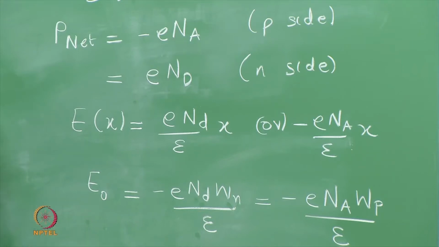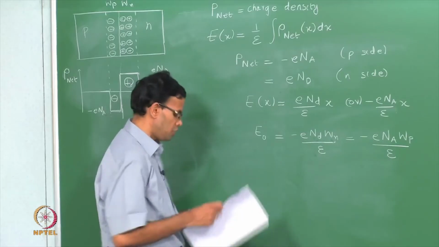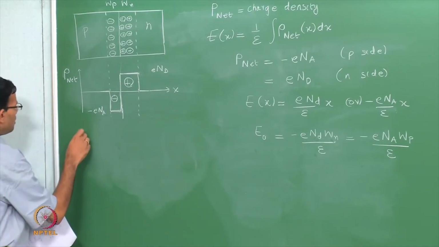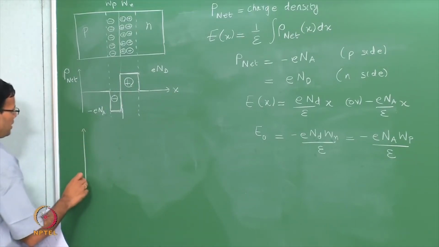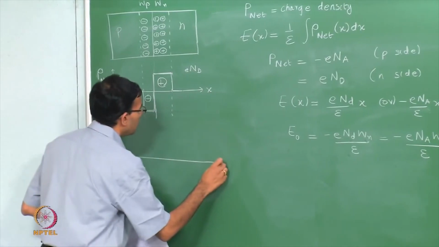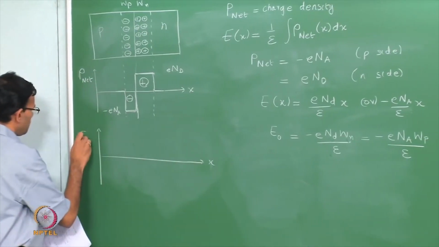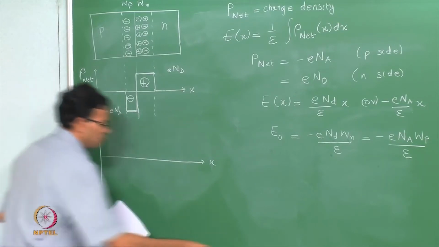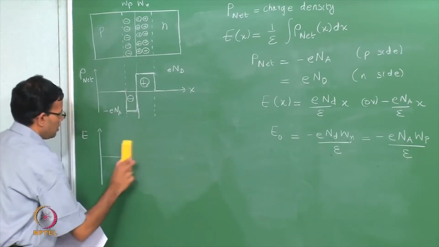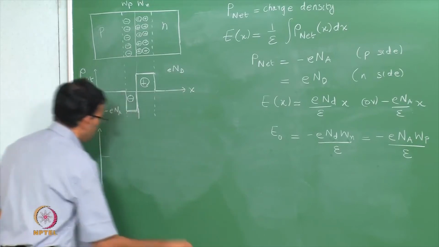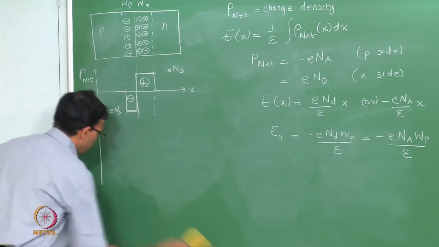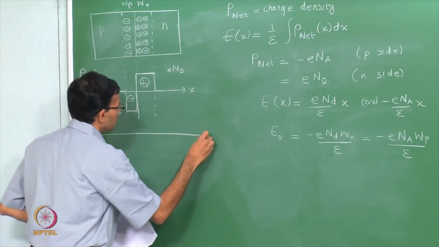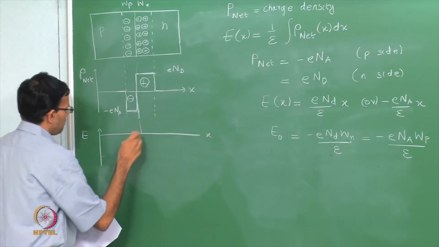So, we can plot the electric field E as a function of distance. I will use the same plot here. The electric field is essentially negative, so let me just redraw it only on the negative side. That's my interface.